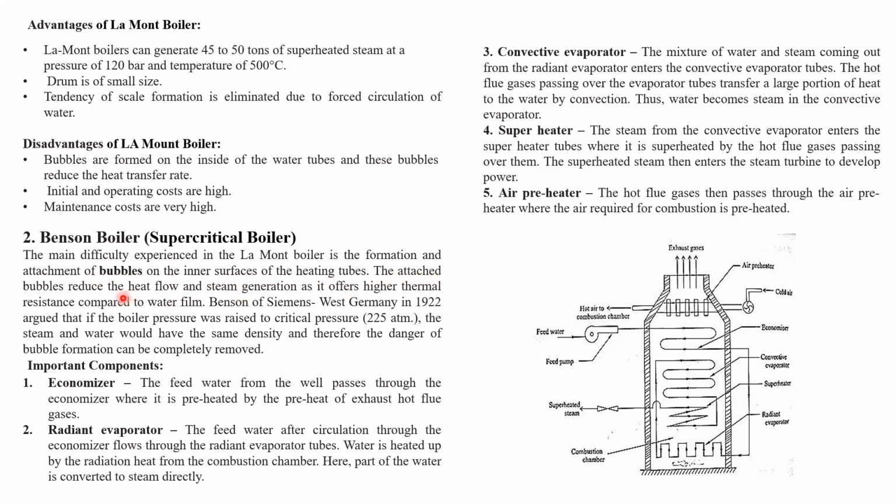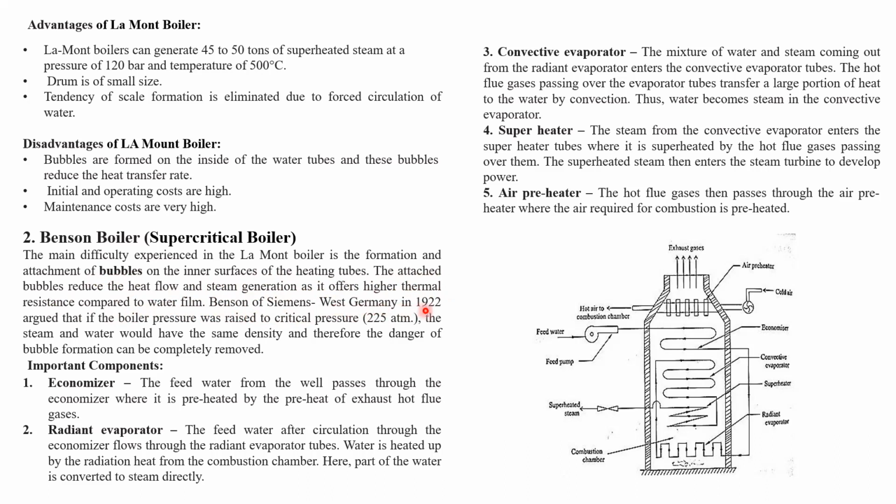The attached bubbles reduce the heat flow and steam generation, as they offer higher thermal resistance compared to a water film. So these bubbles do not pass the heat to adjacent water particles. So you can say they resist the heat flow. That is removed in the Benson boiler.